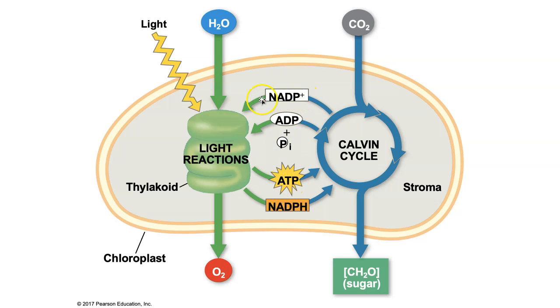We feed this in, and it's going to grab some electrons. It's another electron transporter, just like NAD+. It's just that this one is specific for plants and anabolic reactions.